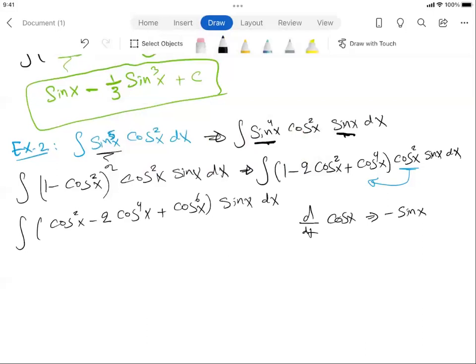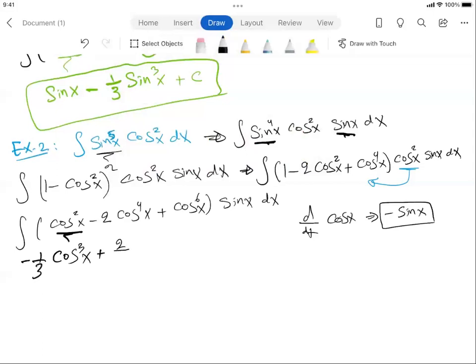So all I need is to compensate for the negative sign when necessary, increment the power, and divide by the new power. I need a negative here because I only have positive sine of x outside. So this term becomes negative 1/3 cosine to the 3rd of x. The second term already has a negative, so it will turn to positive.